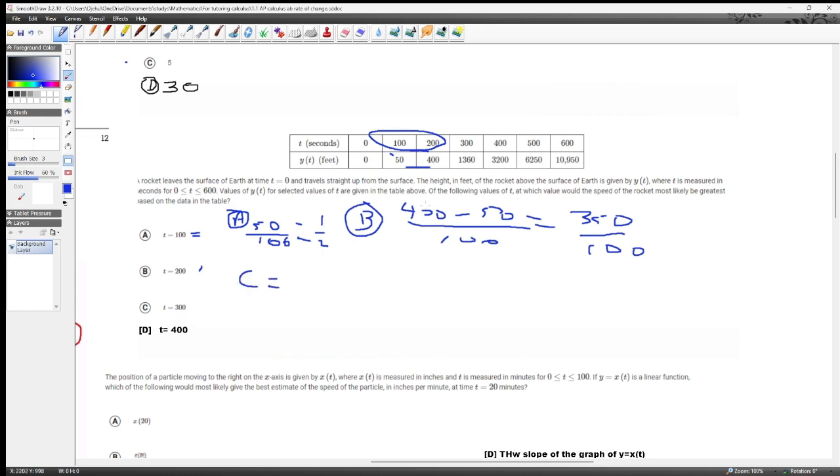C. C is equal to 1,360 minus 400. I was struggling saying these numbers. Which would equal 900, no, I made a mistake there.